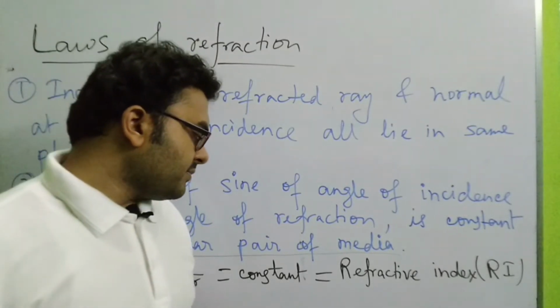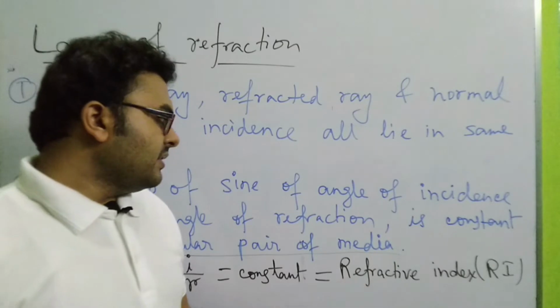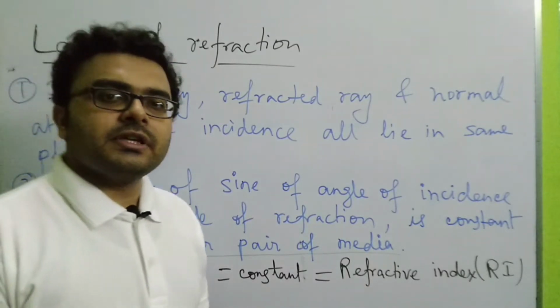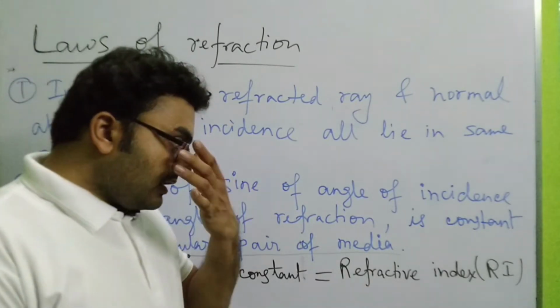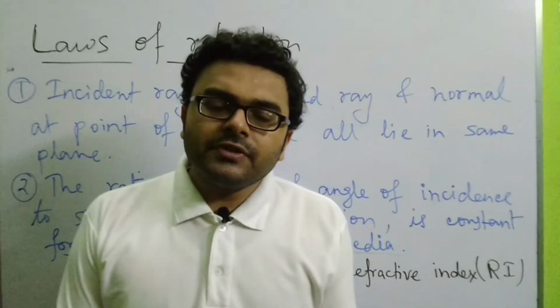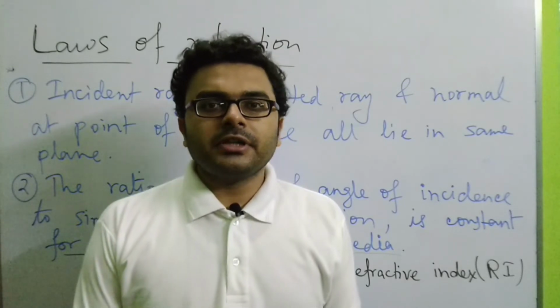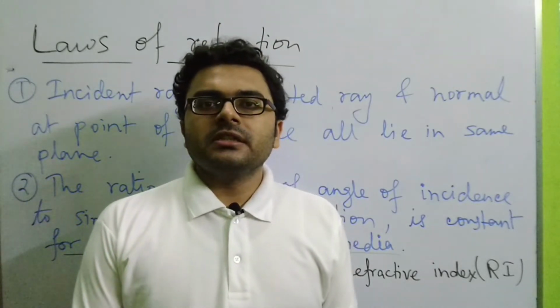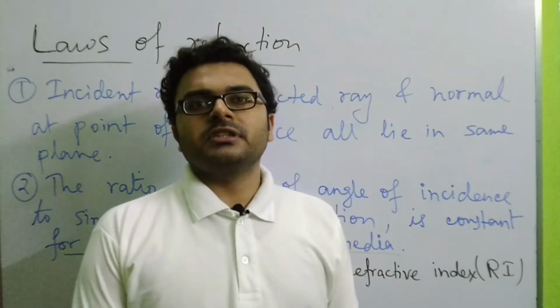Now I think you have learned about a new physical quantity, refractive index, and this actually denotes how much light will be deviated in that particular medium. The more the value of refractive index for a particular medium, the more is the deviation produced in that medium.